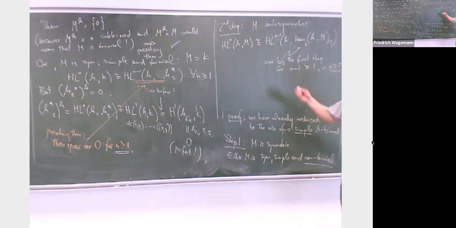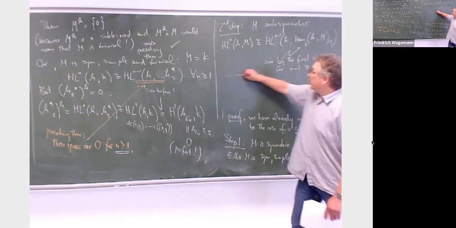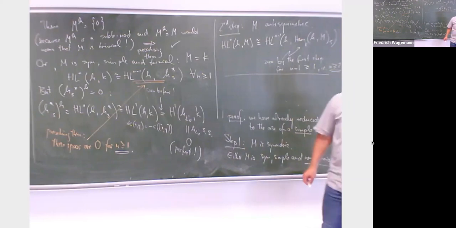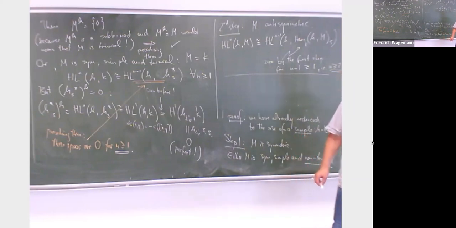So at this step we can already tell that for a semi-simple Leibniz algebra over a field of characteristic 0, finite dimension, the cohomology with values in symmetric modules is 0 for all degrees greater or equal to 1. And for an antisymmetric module, the cohomology is 0 for all degrees greater or equal to 2.